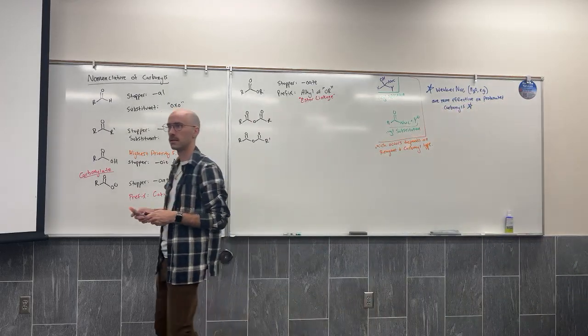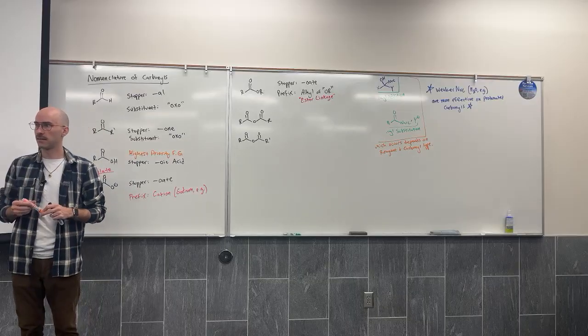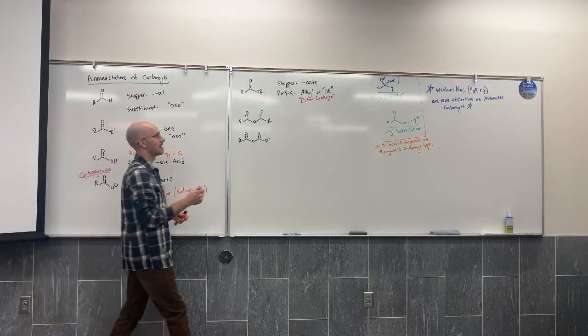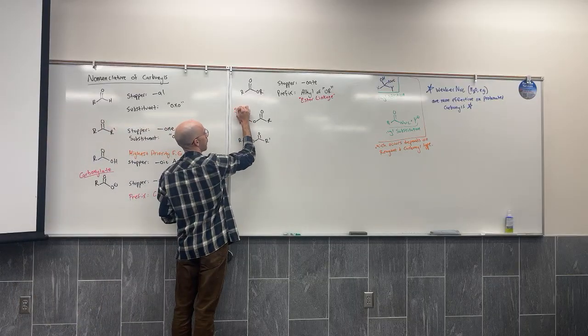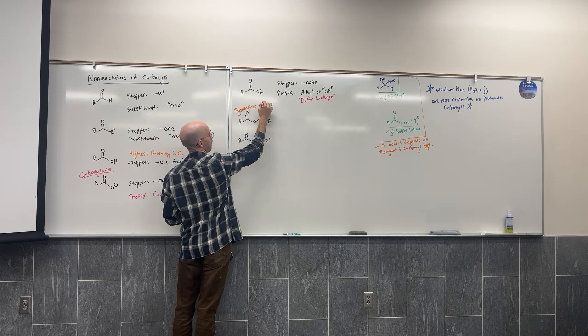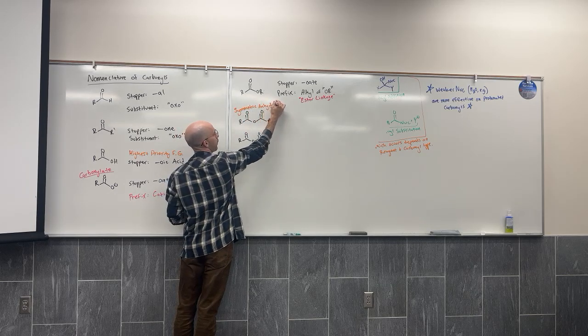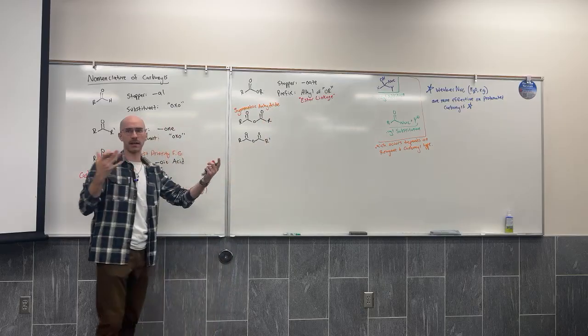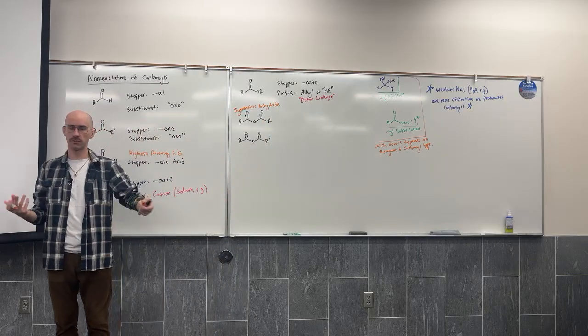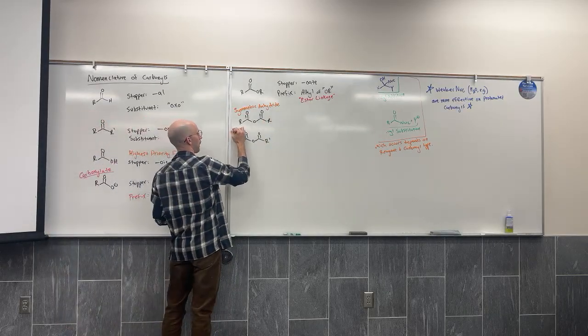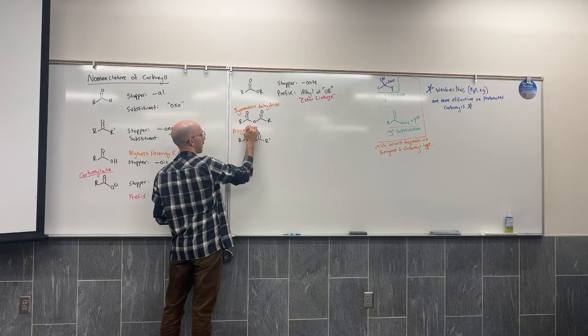The R group is different. Yeah. We call this a symmetric anhydride because both sides of the anhydride have the same carbon chain. R is equal to R. And this we call an asymmetric anhydride.